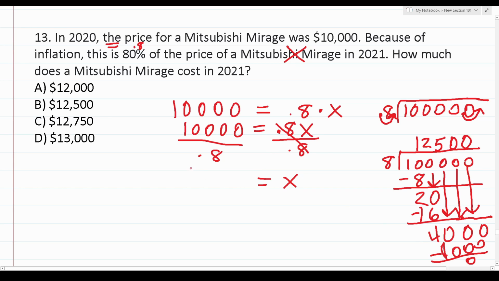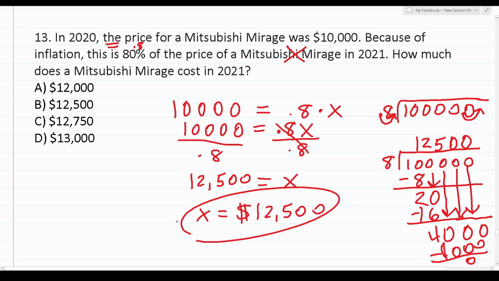So X in this case is going to be 12,500. And in math, it's customary to write the variable for which you solved on the left. So this becomes X equals 12,500, which is answer choice B. All right, so that's that one.